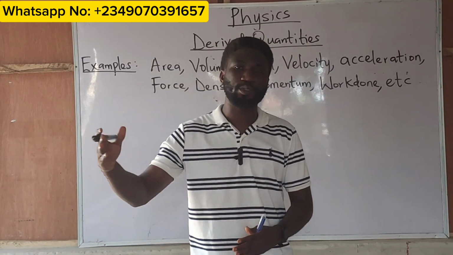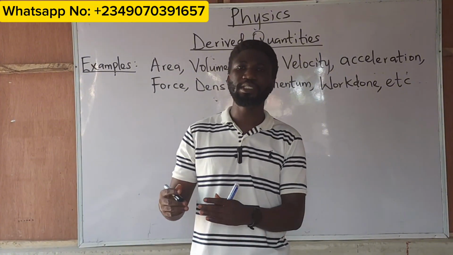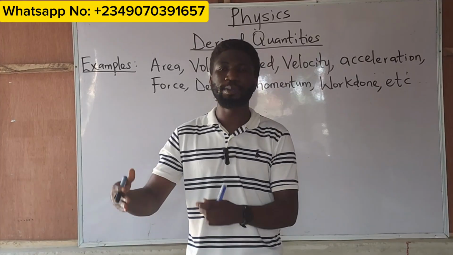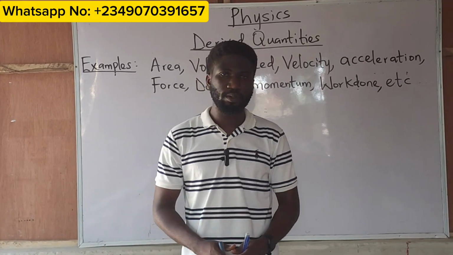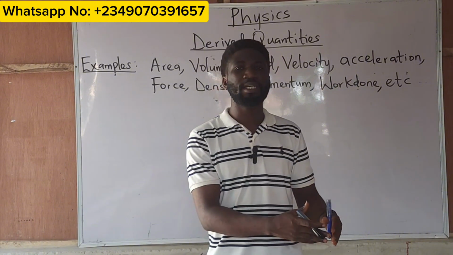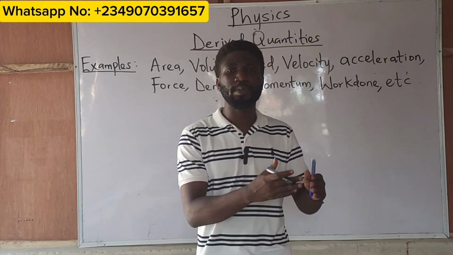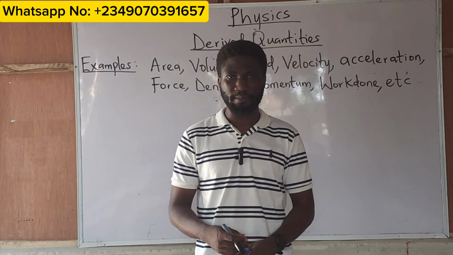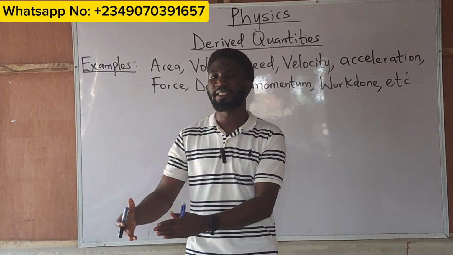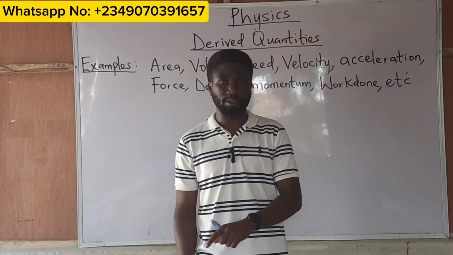What are derived quantities? From the name, derived quantities are quantities that depend on fundamental quantities, or we can say that derived quantities are quantities that are being gotten from fundamental quantities. So they are being derived, they depend on fundamental quantities either by multiplication or by division.